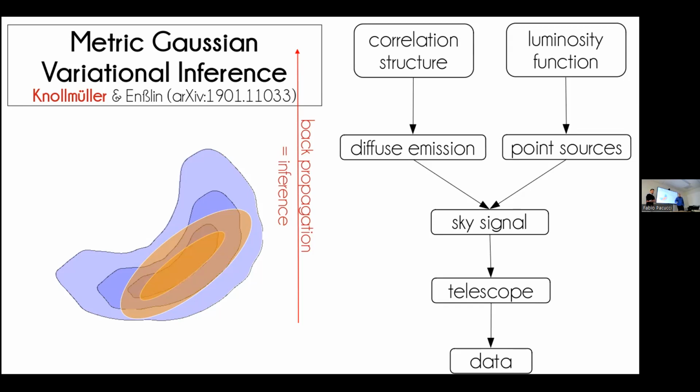So the point sources have a wide power spectrum a priori. They're uncorrelated. The diffuse emission usually prefers smooth things. And so anything that is very spiky would easily be described by this point source part of the model.